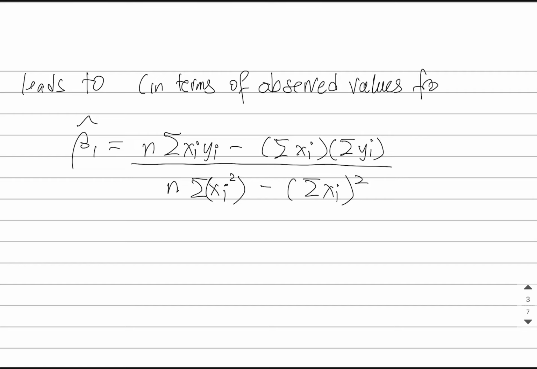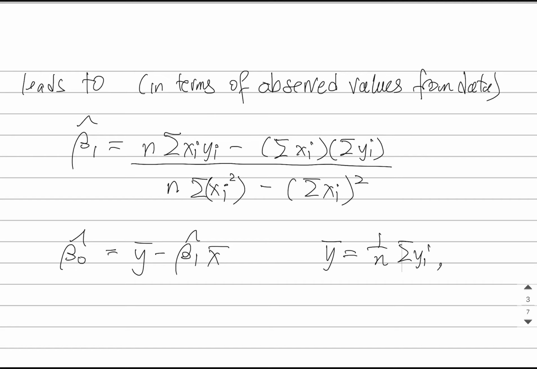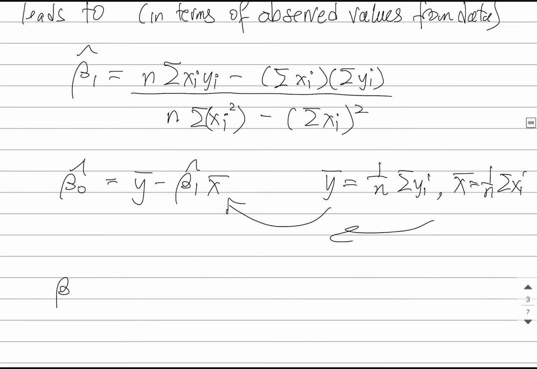So this is all in terms of observed values from the data. Now the same thing happens here. There's a simpler formula for beta naught: y bar minus beta 1 hat x bar, where y bar is the average of all the y values, and x bar is the average of all the x values. Now, if you sub those back in, you're going to get a big, ugly expression for beta naught.